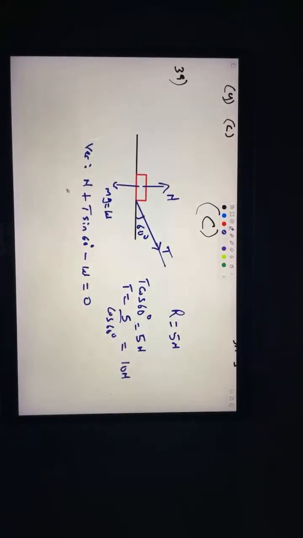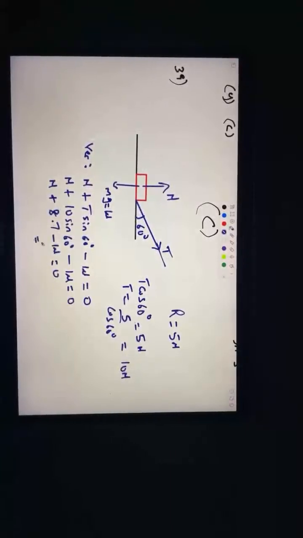We already found our tension, so that means N plus 10 sine 60 degrees minus W equals 0. So 10 sine 60 degrees is approximately 8.7, minus W equals 0.